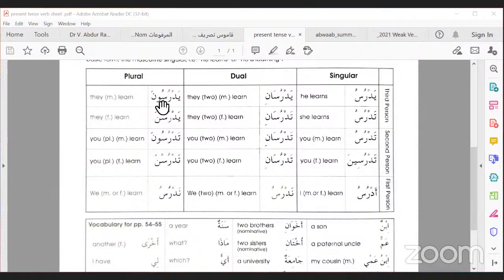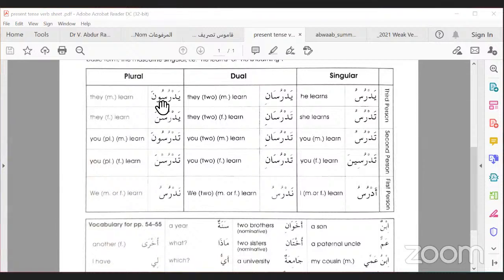You learn, female. تدرسين. You one male learn. تدرس. Tadrusu. He learns. يدرس. She learns. تدرس. I learn. أدرس. That's great.